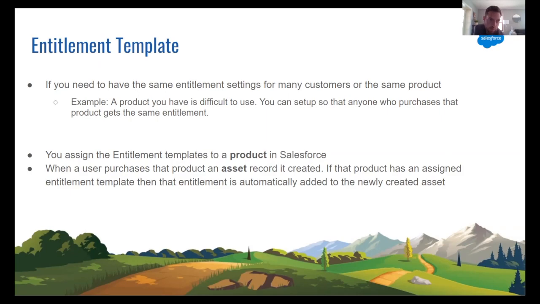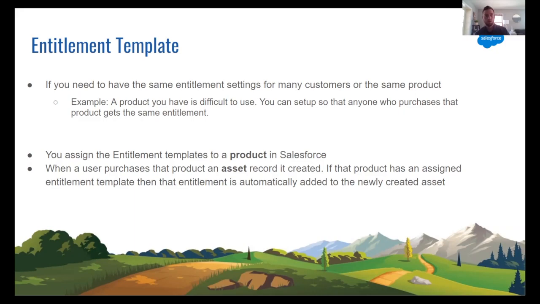The example here is we have this product that we know is difficult to use. There's going to be a lot of questions on it within the first year. So we want anyone who purchases this specific product to get the same entitlement or level of support. In this case, we'll just say 1 year of phone support.